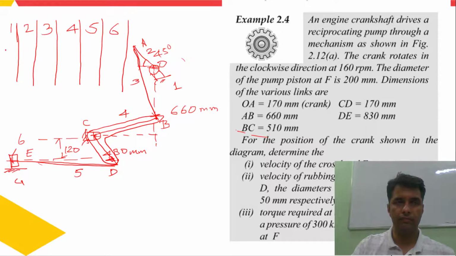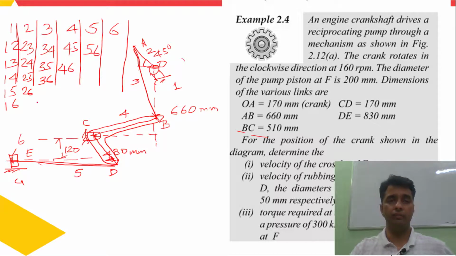So 1, 2 is one center. 1, 3 is another. 1, 4, 1, 5, 1, 6. 2, 3, 2, 4, 2, 5, and 2, 6. 3, 4, 3, 5, 3, 6. 4, 5, 4, 6, and 5, 6. So these are the 15 different instantaneous centers which are possible.